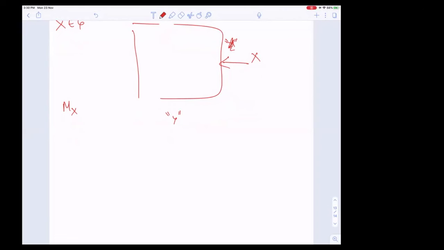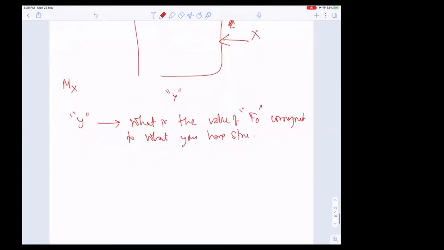Now, from there, I'm going to ask myself a question. So first, looking at y, I say, hey, for y, what is the value of f0 corresponding to what you have stored? Corresponding to what you have stored. Okay? And suppose, then what are you going to get? So suppose, say, I'm going to call it f0 y. Okay?